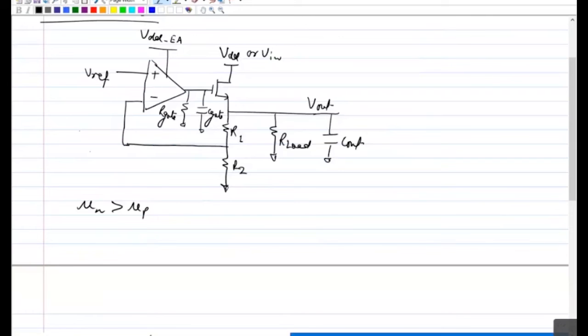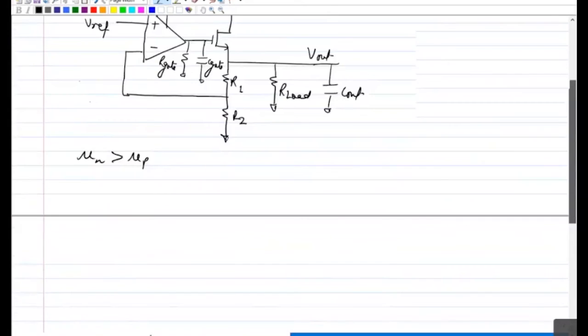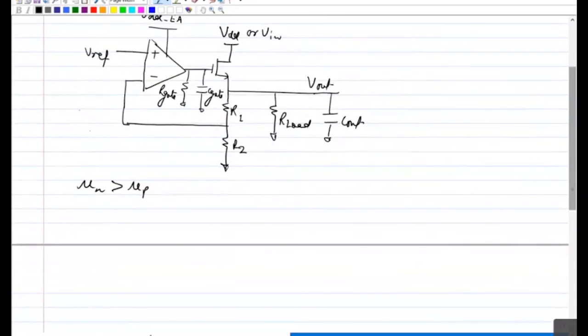Okay, but the main advantage, as I mentioned, is that the size of this pass element will be much smaller. So that's the main benefit you get from this. And other advantages are Rout, or output impedance, and your PSRR is better. That we will discuss one by one.